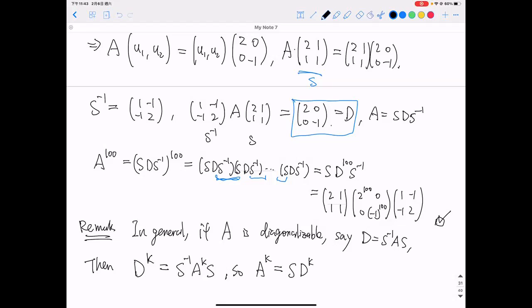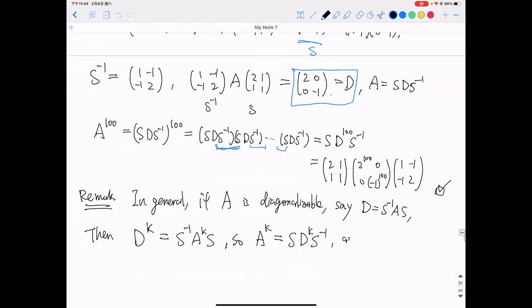That's S D to the k-th power S inverse. And D to the k-th power is easy to compute.